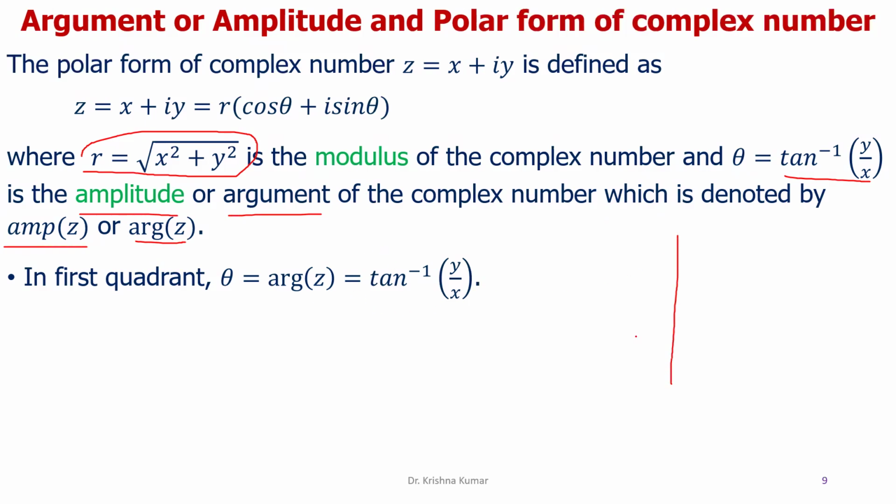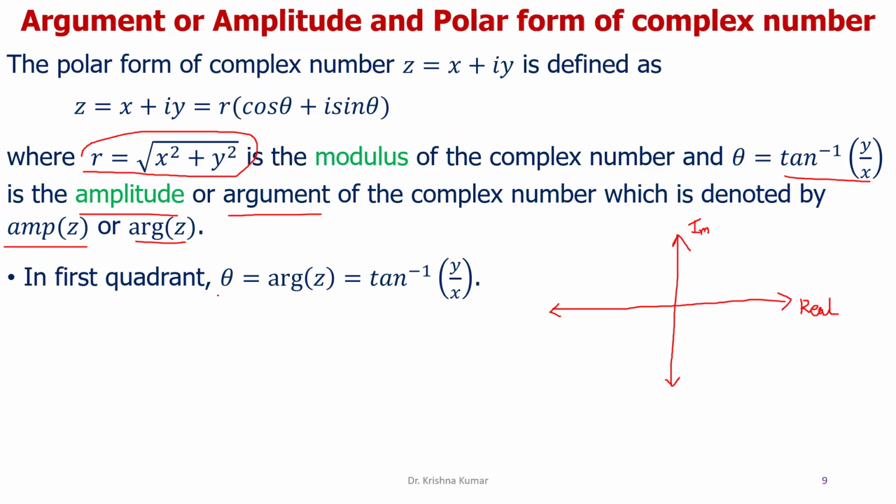So now, the complex number can be represented in Argand diagram. And what is Argand diagram? Argand diagram is nothing but the geometrical representation of a complex number. So x-axis is called real axis and y-axis is called imaginary axis.